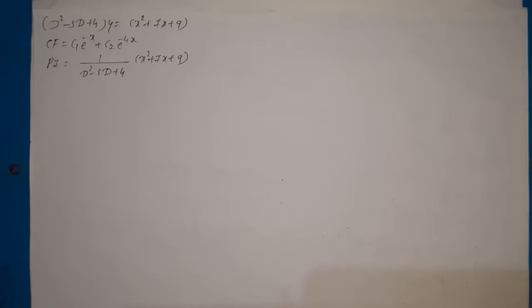So here the highest power of x is 2, means we can differentiate this 2 times. So after the second derivative, all the higher order derivatives will be equal to 0.